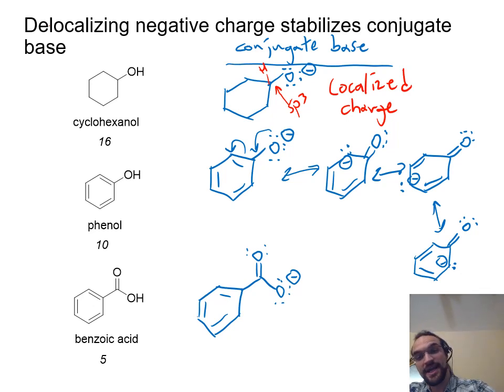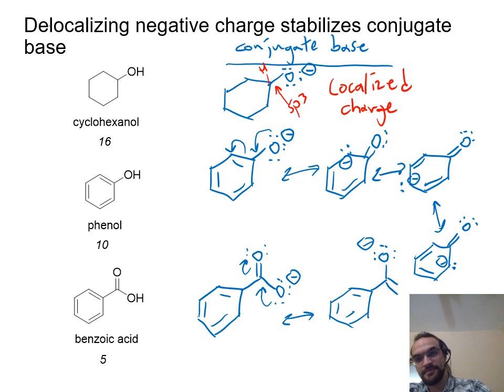In the case of benzoic acid, it's not the aromatic ring, but instead the negative charge can move up to the other oxygen. All right, so we have here, down here, 2 equivalent resonance structures.